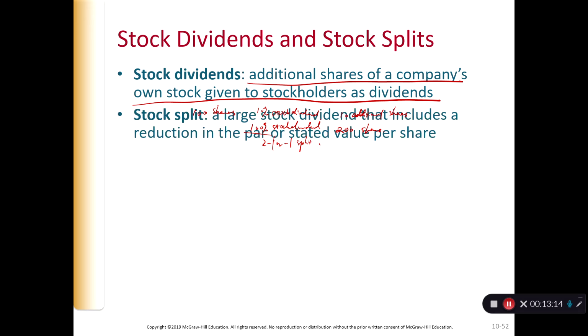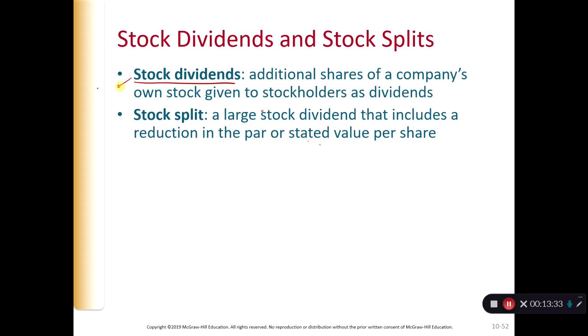Let's define stock split. A stock split means a large stock dividend that includes a reduction of par value and stated value per share. If you do a stock dividend, the par value, remember, the legal value of the stock, does not change.